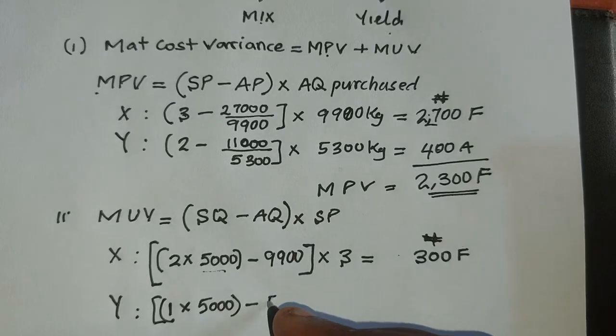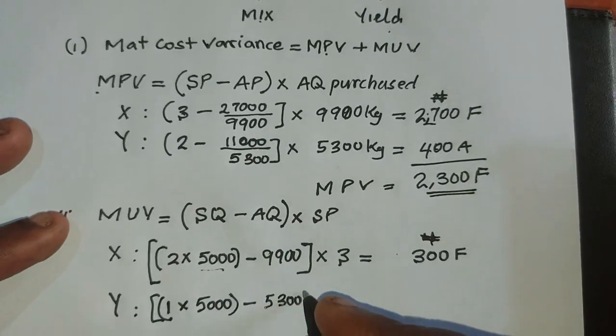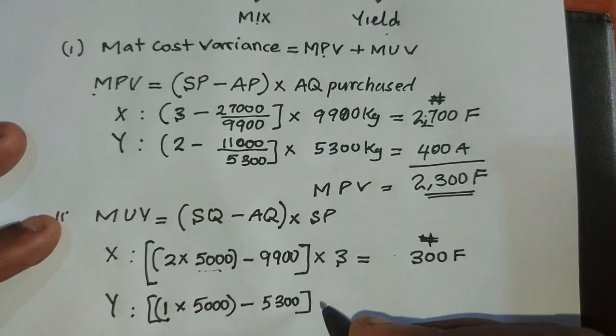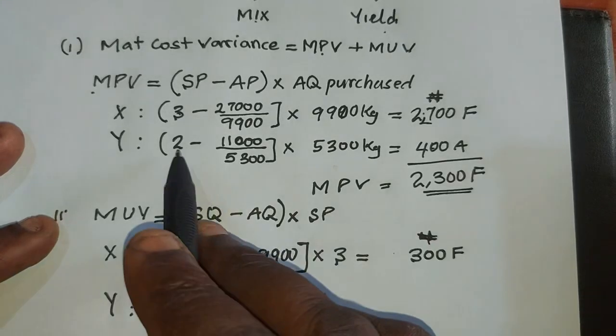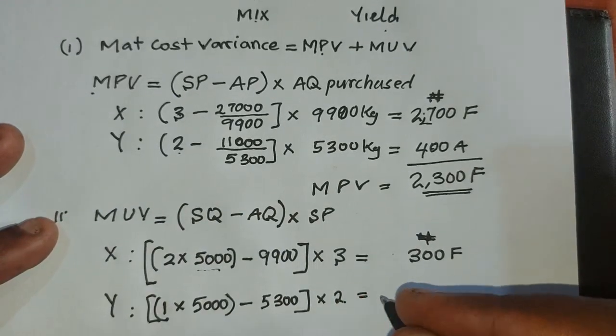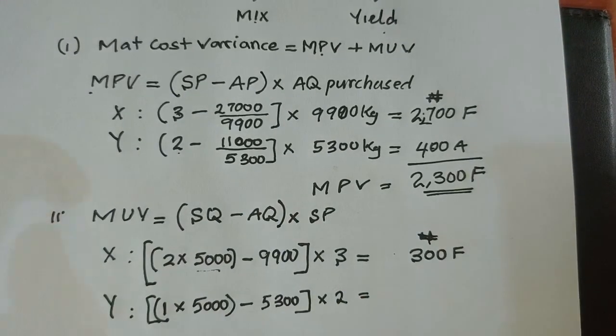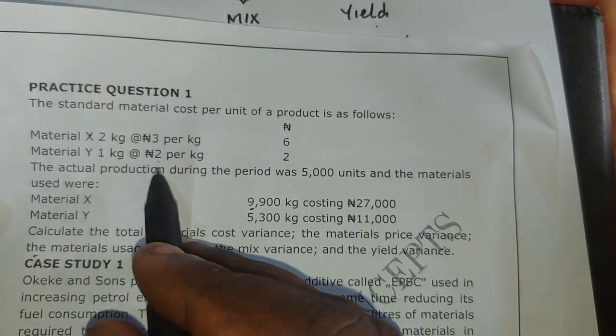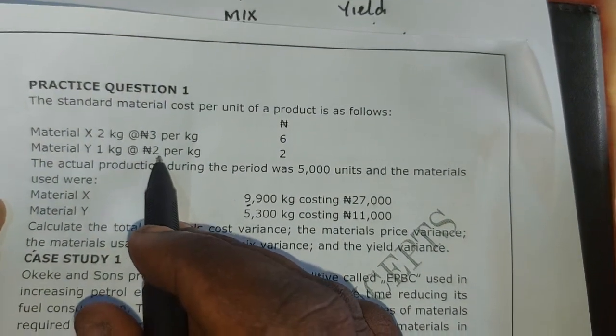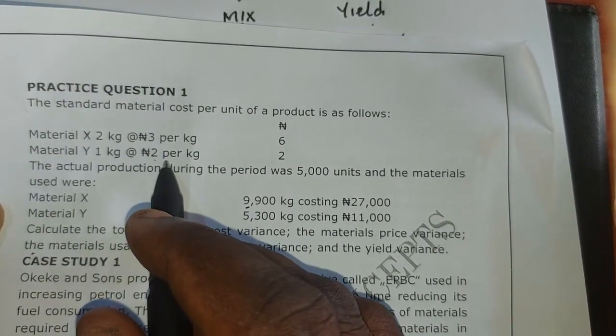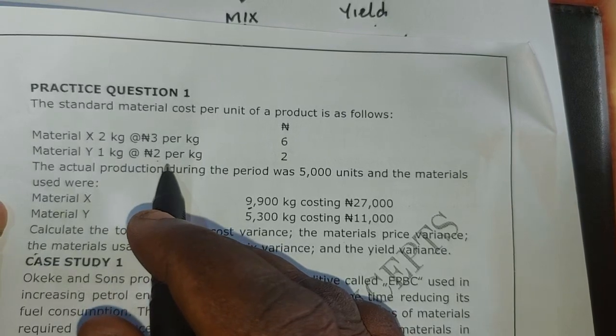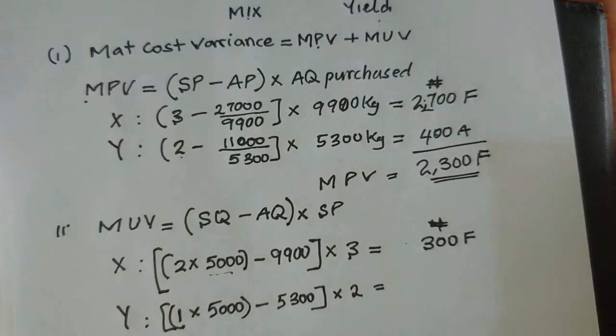Then multiply by the standard price of material, which is 2 naira.